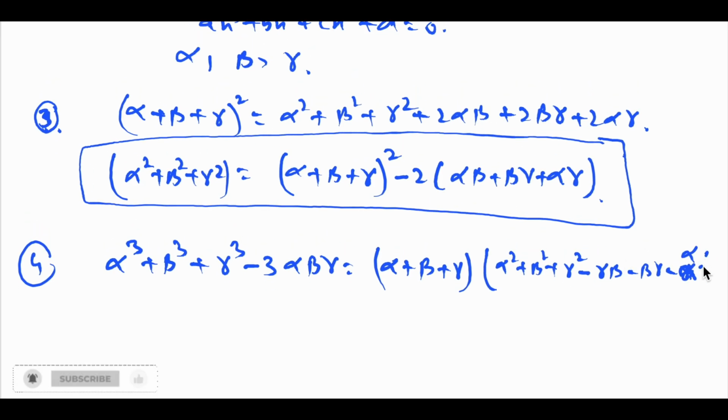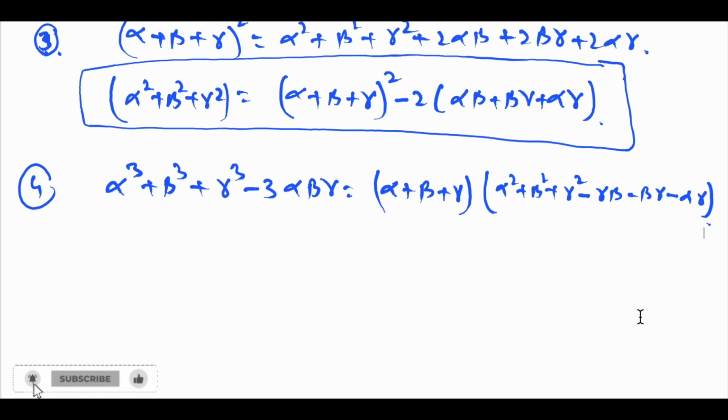So this is alpha gamma. This is minus beta gamma and minus alpha gamma.